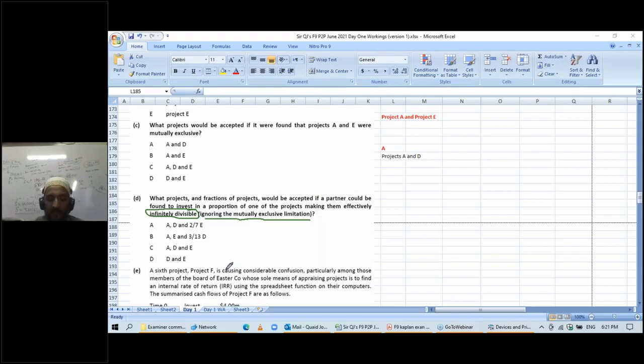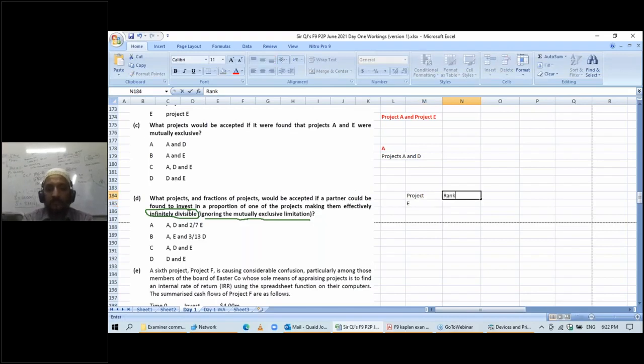So look at how this can be answered in part D. You will start with project E, which was ranked 1.